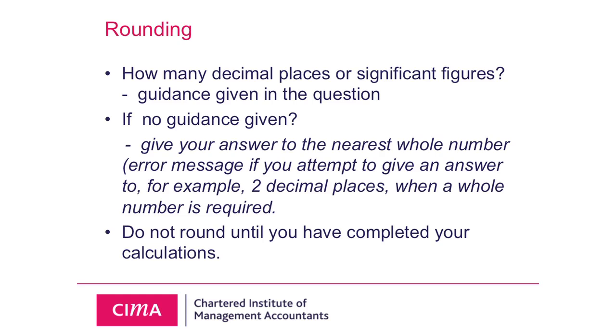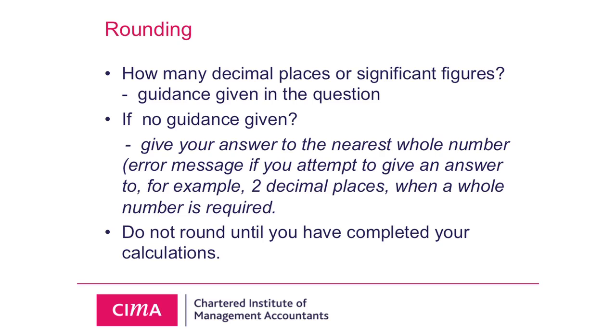The questions will normally give guidance on the number of decimal places or significant figures that you should give in your answer. Where no guidance is provided, give your answer to the nearest whole number. You will receive an error message if you don't stick to the guidance provided in the question.